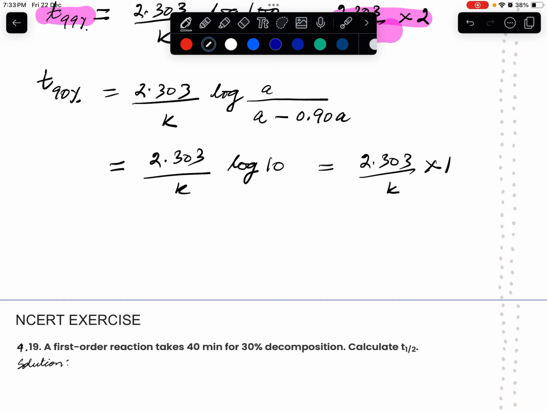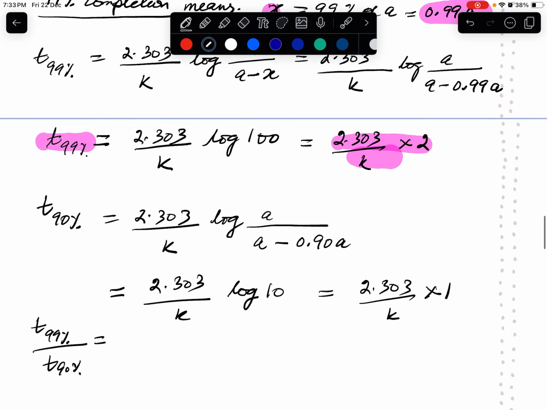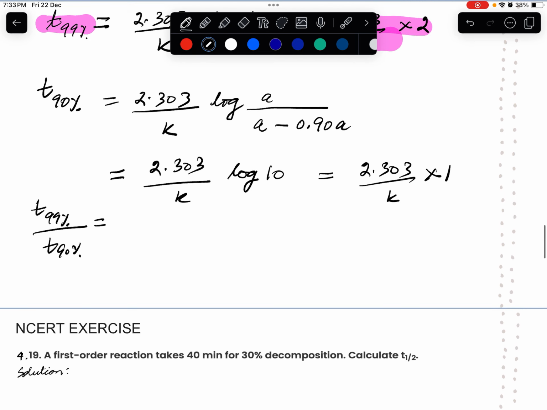Now we will find the relationship between the two. We will write T 99% divided by T 90%, and find this ratio. T 99% we have calculated: it is 2 into 2.303 divided by k, and this whole quantity is divided by 2.303 divided by k.